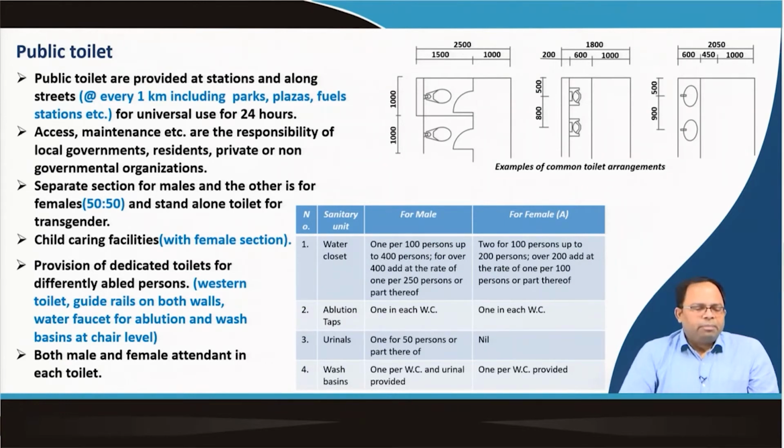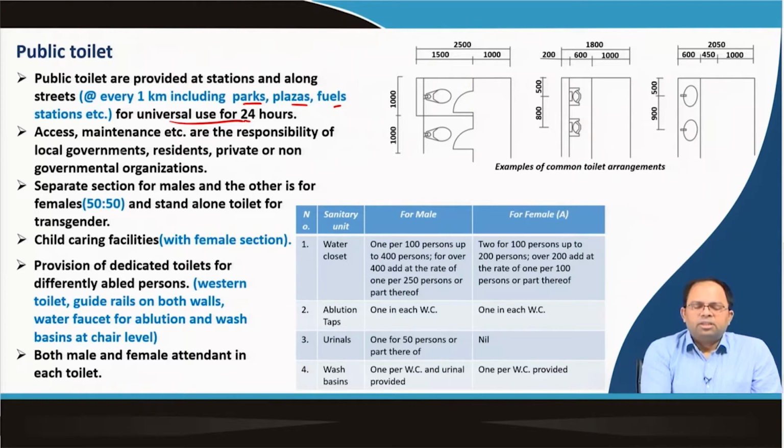In the case of public toilets, the rule is that they should be provided in urban areas, at places like stations or along streets at every 1 kilometer, including in parks, plazas, fuel stations, etc., and should have universal access for 24 hours. That means throughout the 24 hours we should allow access to them.